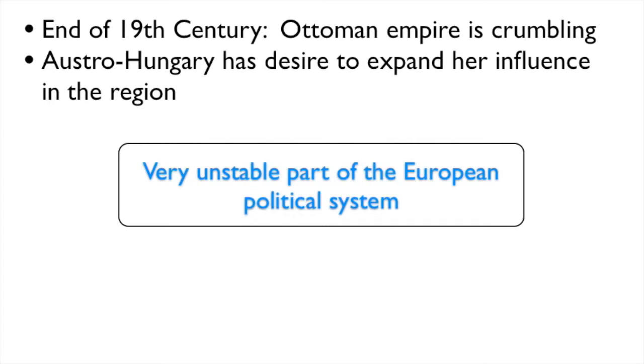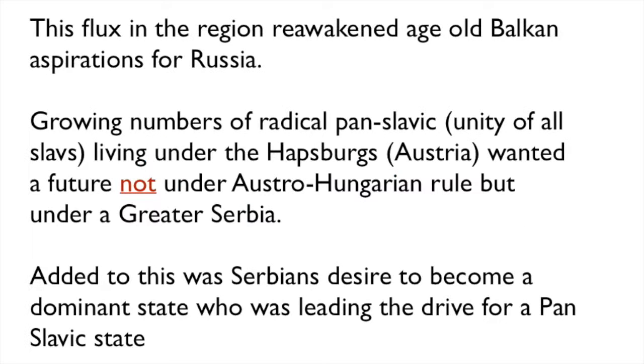At the end of the 19th century, the Ottoman Empire is crumbling, and Austria-Hungary has a desire to expand her influence in the region. So it's a very unstable part of the European political system, and key, really, because of its position.